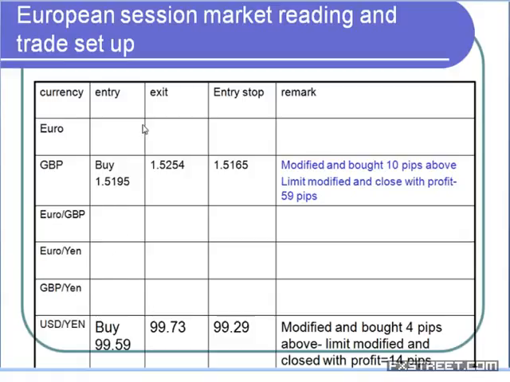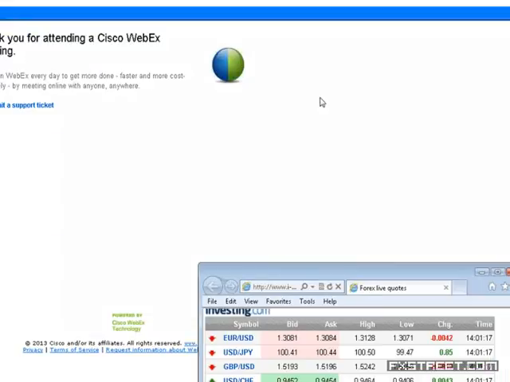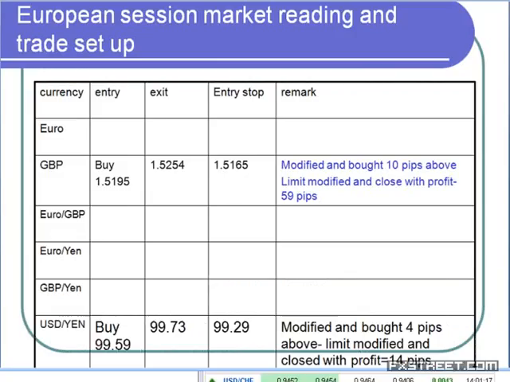Yesterday I was explaining to you that Euro formed the initial low. Let me show the other slide. Okay. Yesterday Euro formed the initial high, GBP formed the initial high 1.5160, and the market was staying above that from the start of the European session.